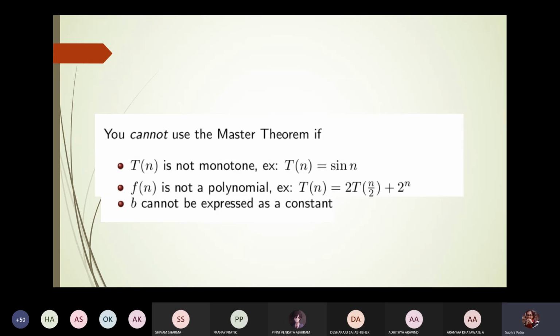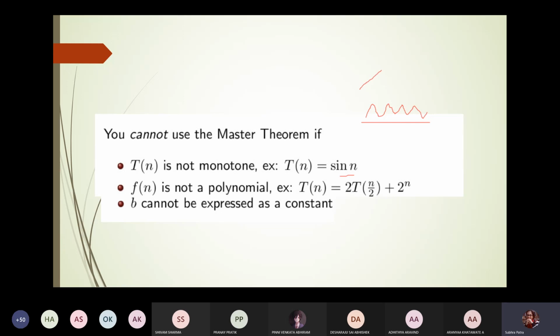And also you need to check that T(n) should not be a monotonic function. It should not be of the type where you have increasing, decreasing kind of thing, like a sine function.